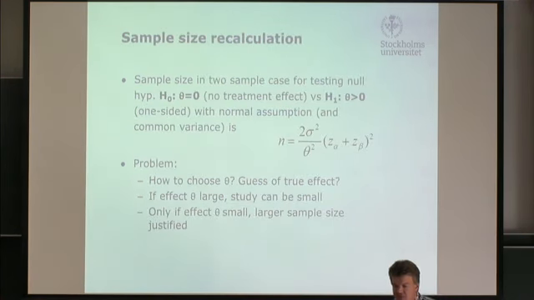So sample size recalculation was proposed if you have uncertainty about the effect of a drug in a simple setting.